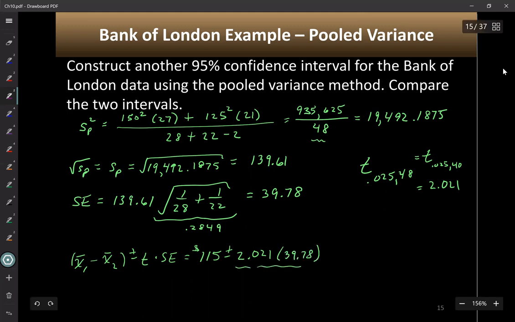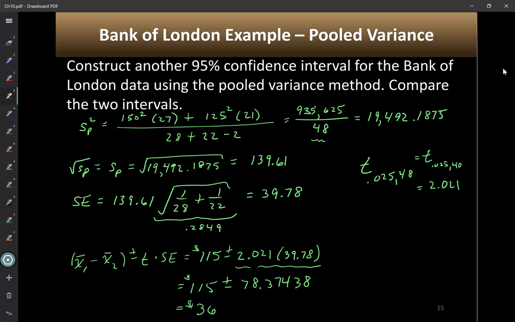So that's the margin of error, $115 plus or minus 78.37438, lots of decimals. All right, so that ends up being $36.63 to $193.37.